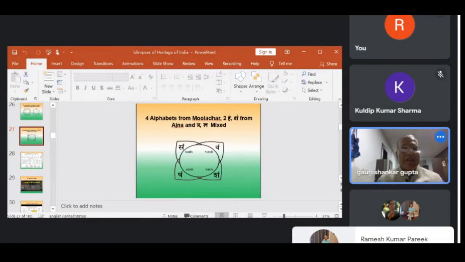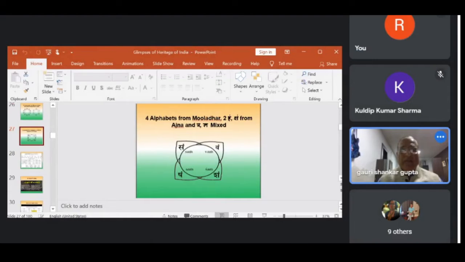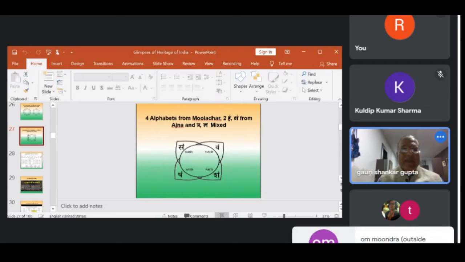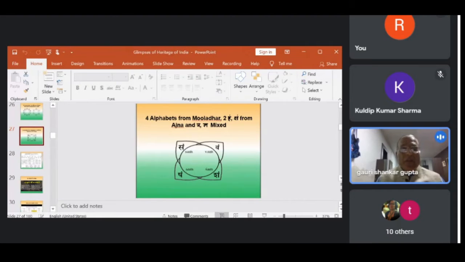Then the 4 alphabets originate from Muladhara. We know where the Muladhara is. These 4 alphabets are Sha, Se, Sha, Va. And then the 2 alphabets, Ha and She, originate from Agya chakra, which is right at Brakuti.